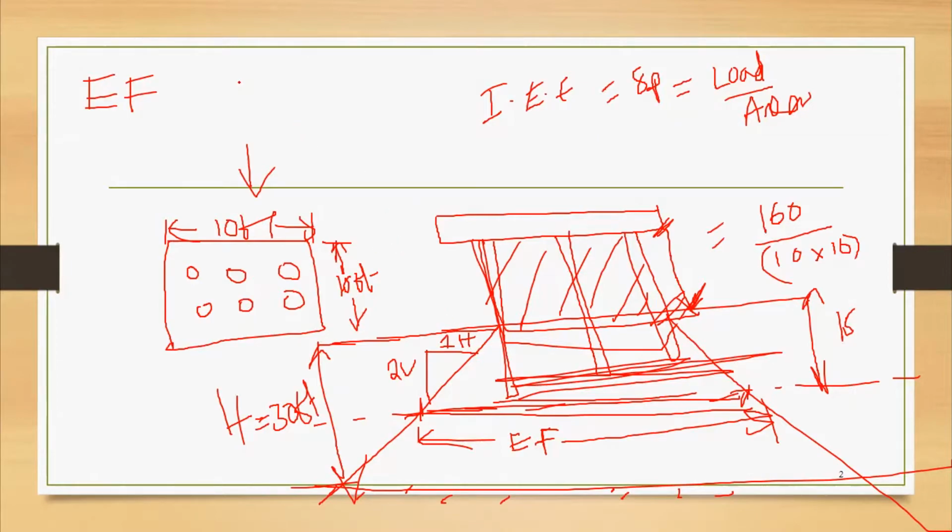So 2 vertical by horizontal is equal to 1. This is the slope. So 2 vertical is equal to horizontal here, which I am going to assume as x.